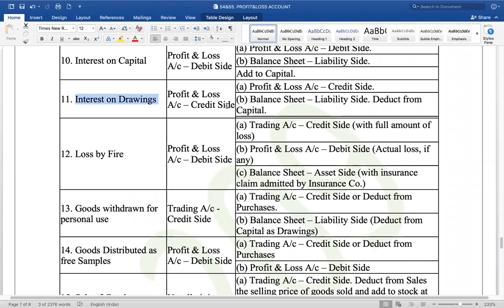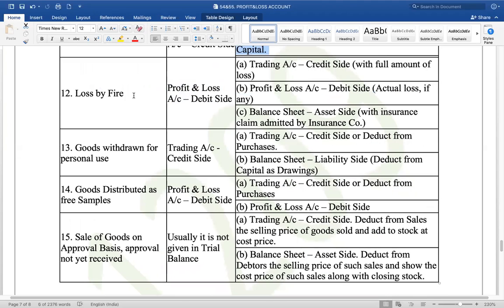If it is given only in the trial balance, then it is taken on the credit side of the profit and loss account. But if it is given as additional information, then you will take it on the credit side of the profit and loss account and on the liability side of the balance sheet as a deduction from the capital.